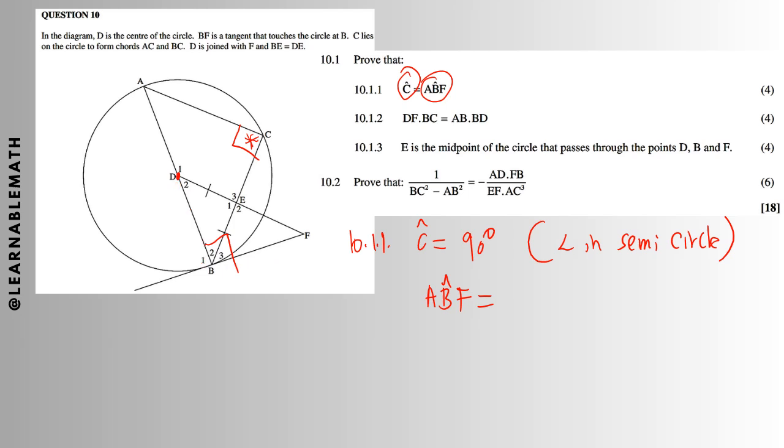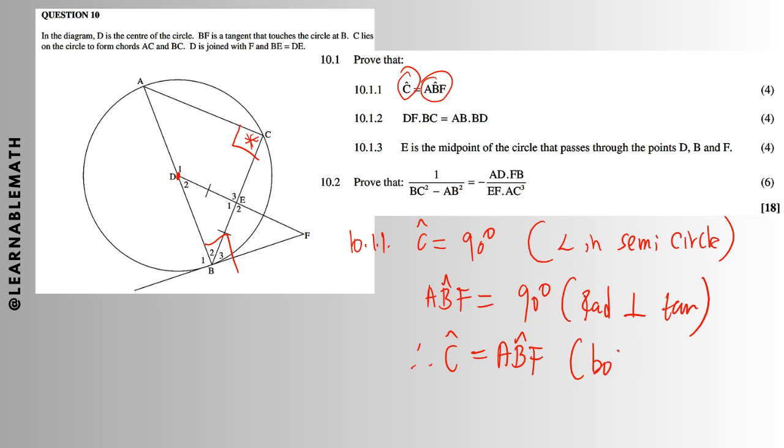It means that our angle ABF also equals 90 degrees, because radius is perpendicular to tangent. Can you see now that we can conclude that angle C equals angle ABF, because both of them equal the same angle, which is 90 degrees? Then you have proven it.